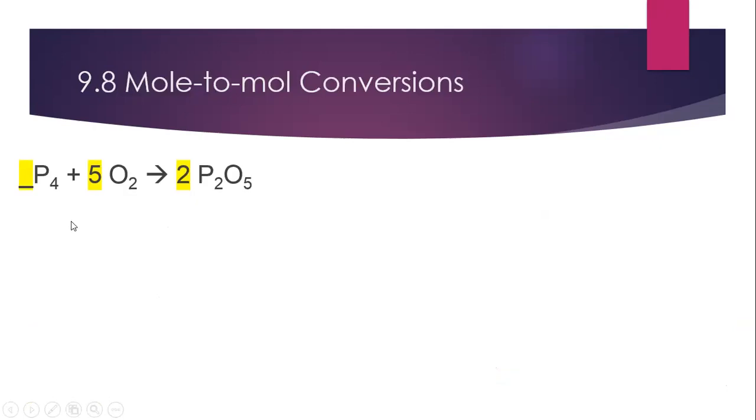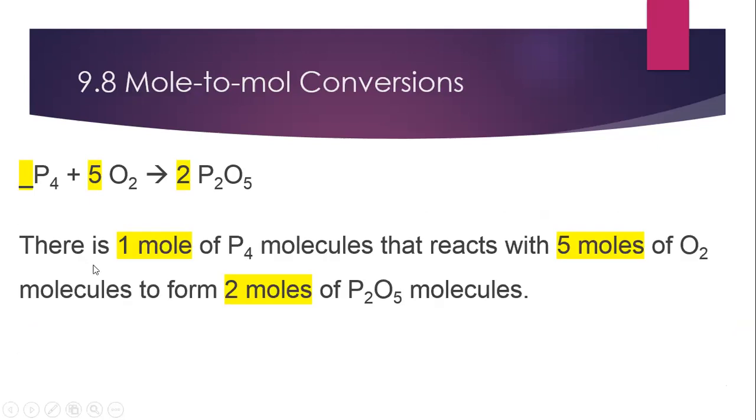Okay, so this formula or reaction equation has P4 plus 5 O2 reacts to form 2 P2O5. I highlighted it yellow so you could see what I'm talking about as far as the area. There is 1 mole of P4 molecules.